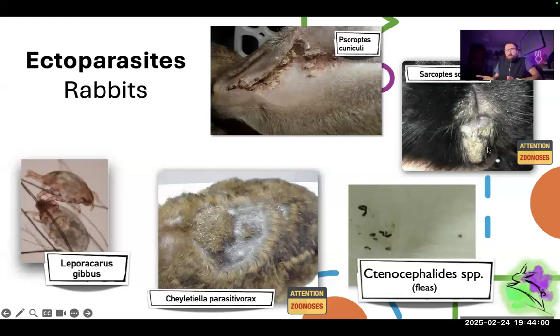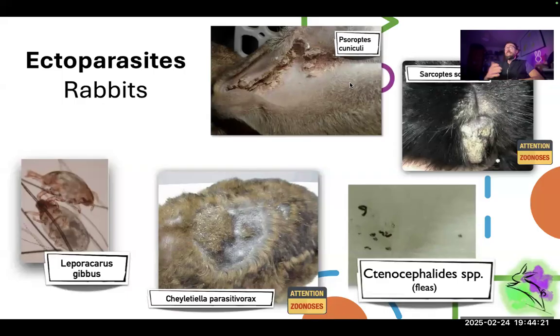Obviously, we cannot do anything for you. You have to refer to your GP, saying, my vet found this on my rabbit, and they will be able to help you. But also sometimes when we cannot find the mites, the suspicion is still quite strong with this type of lesion on you or on the rabbit.